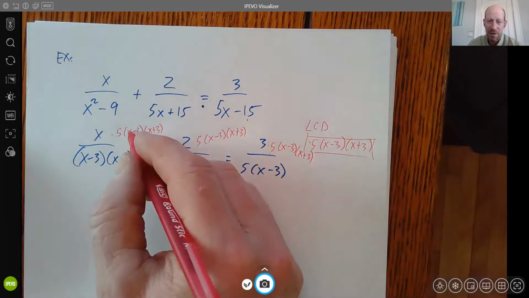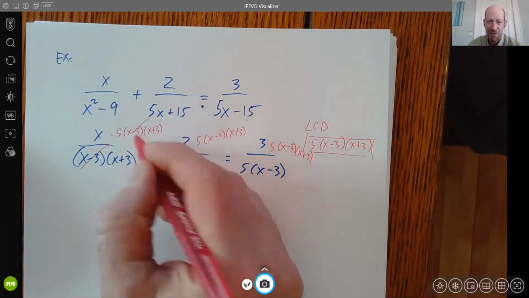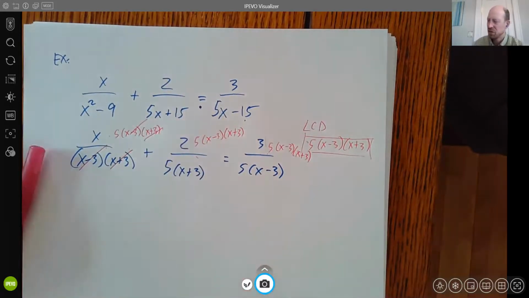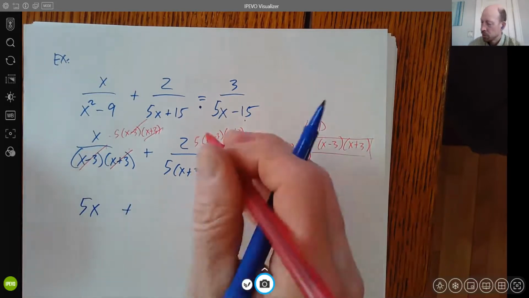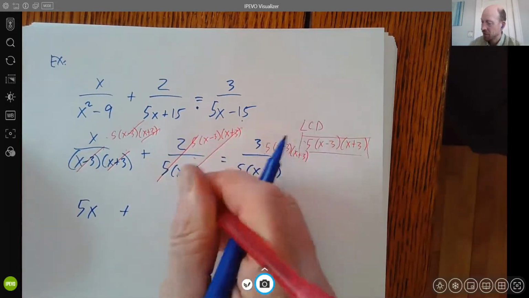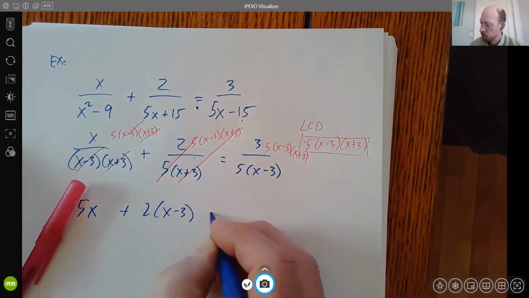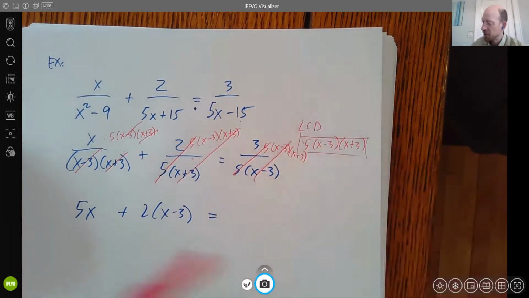Now, what's great about this 5(x minus 3)(x plus 3) is it's going to cancel a lot of these factors. So this is just going to leave me with a 5x. Here a 5 and an x plus 3 cancel. And here a 5 and an x minus 3 cancel.